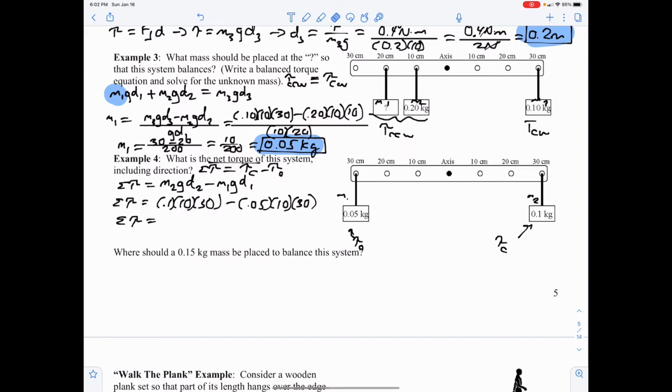For balanced torque problems, you can leave it like I did in the previous problem because it will cancel. But here, the only thing on the other side of the equation is the net torque. So it would be 0.30 and 0.30 on both sides. So 0.1 times 10 times 0.30 is 0.30 minus 0.05 times 10 times 0.30 would be half, which would be 0.15 Newton meters.